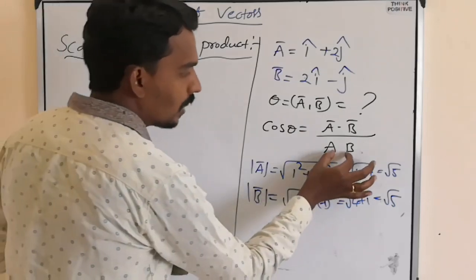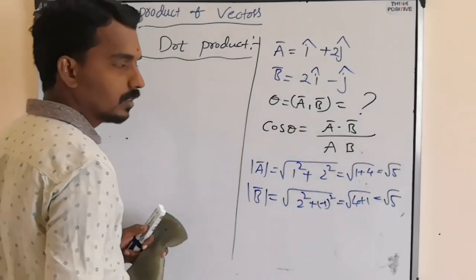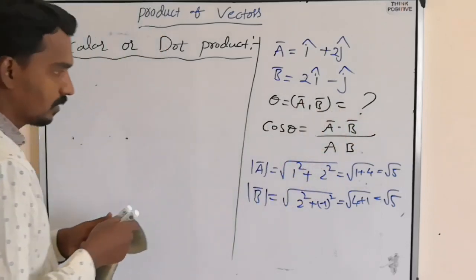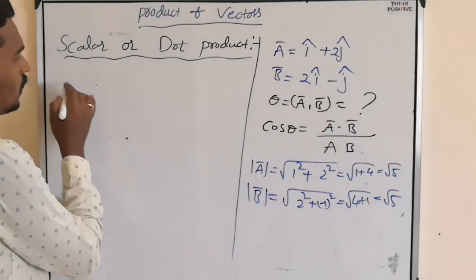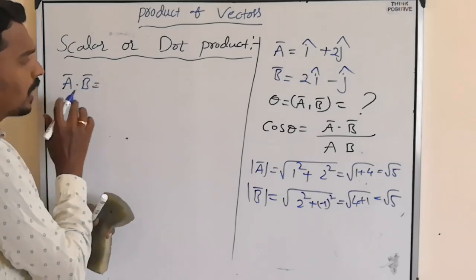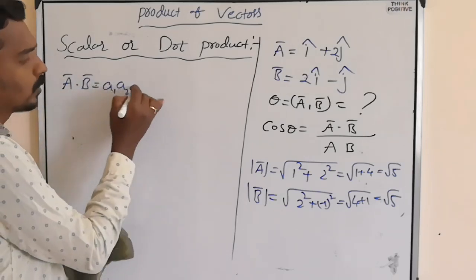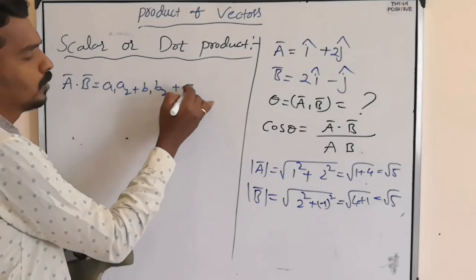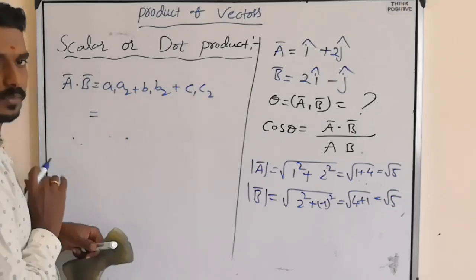So we found the denominator, a and b. Now we want the numerator, a bar dot b bar. What is a bar dot b bar? a1 a2 plus b1 b2 plus c1 c2.